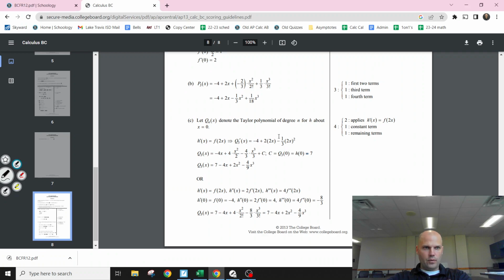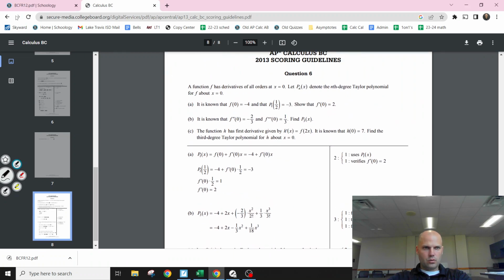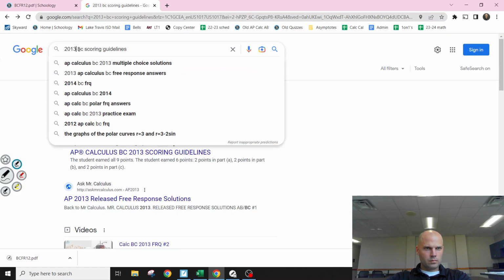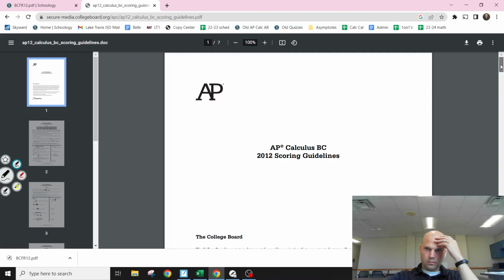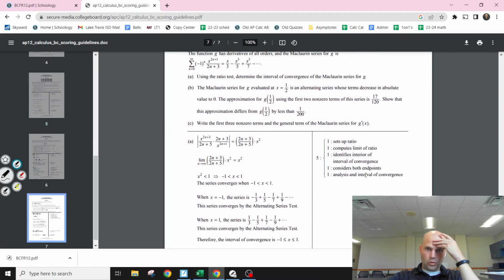Part A for this 2012 was worth 5 points. Woo! Sets up the ratio, computes the limit, identifies the interior interval of convergence, negative 1 to 1, considers both endpoints.